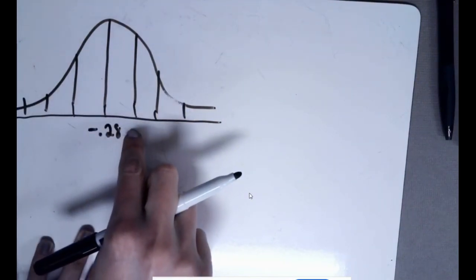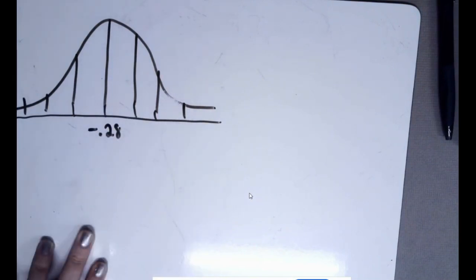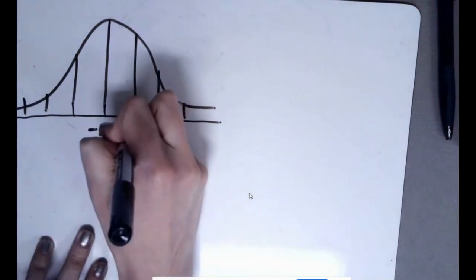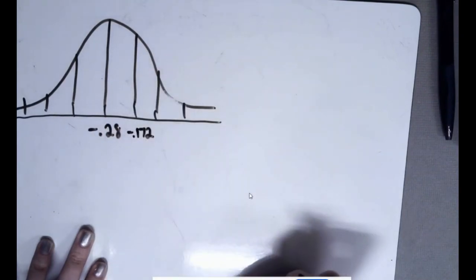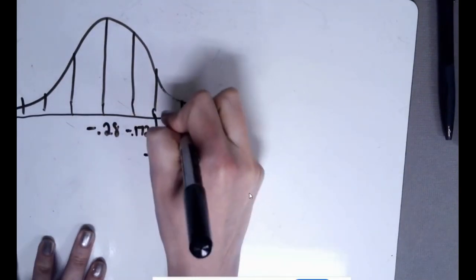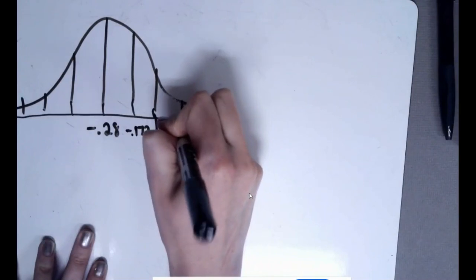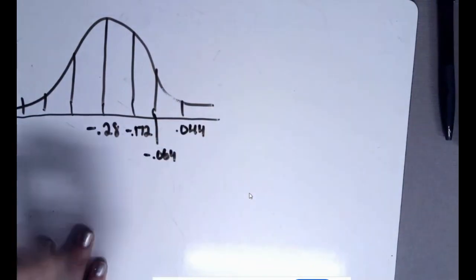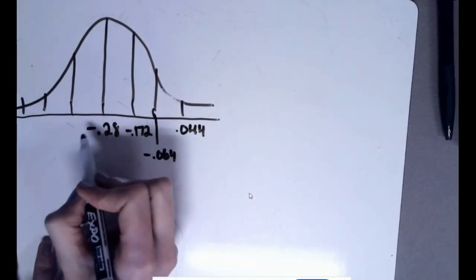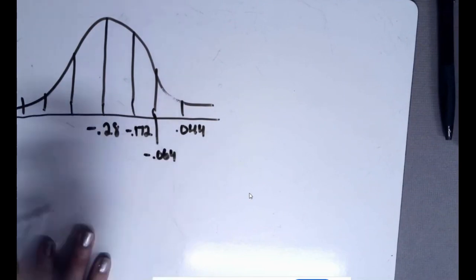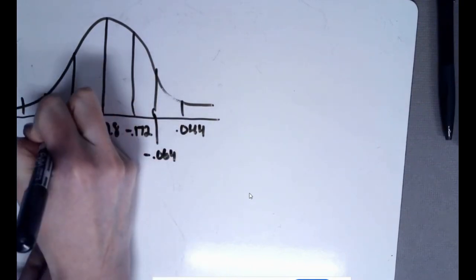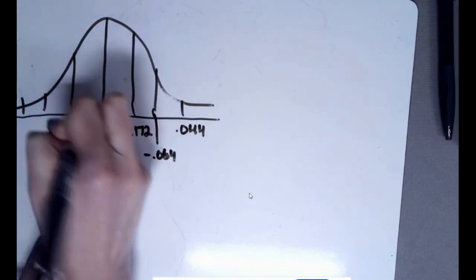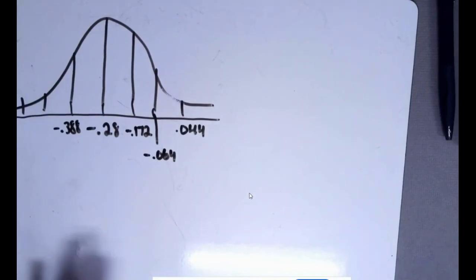So if I do negative 0.28 and then add 0.108, that puts me at negative 0.172. To go in the other direction, I would subtract a standard deviation. So negative 0.28 minus 0.108 would give me negative 0.388, for example.